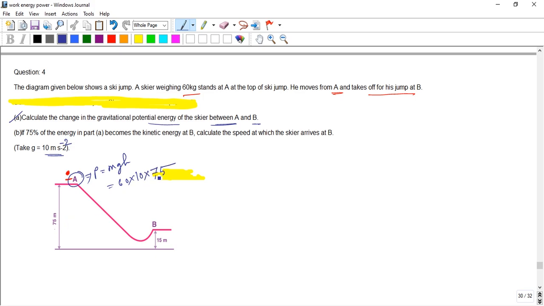So 60 times 10 times 75 gives 45,000 joule.